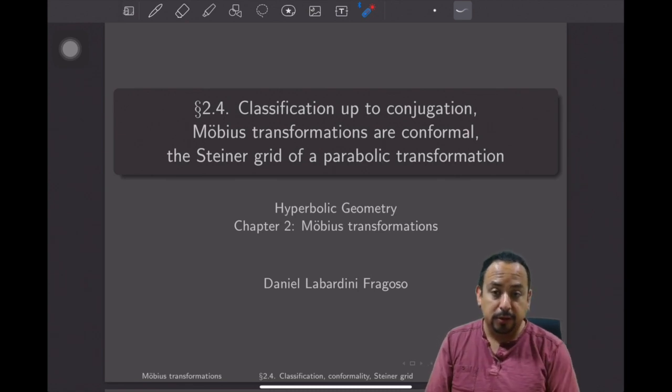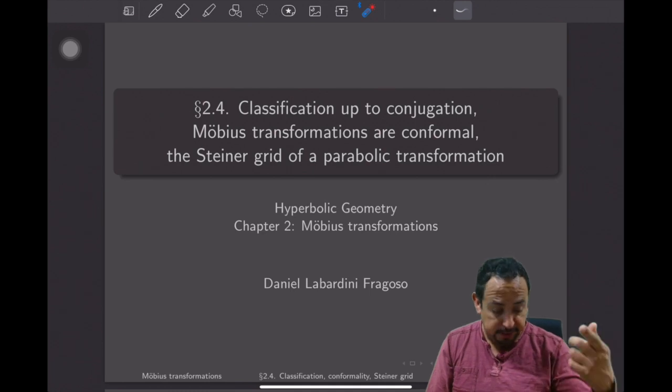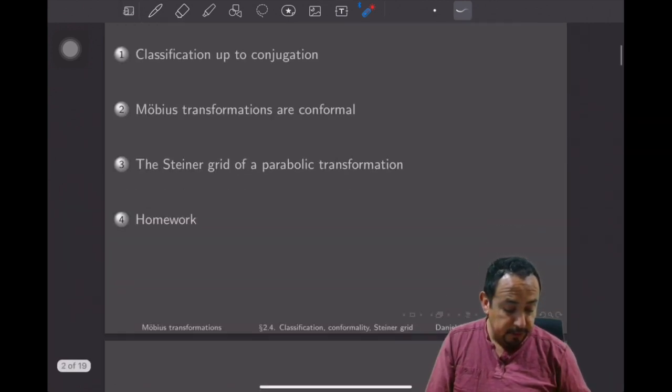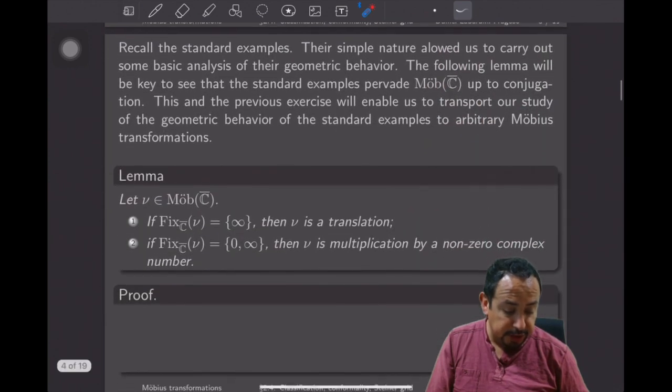We're going to start with one type of transformation, and then cover the rest of the types in the next lecture. So let's start with the classification up to conjugation.